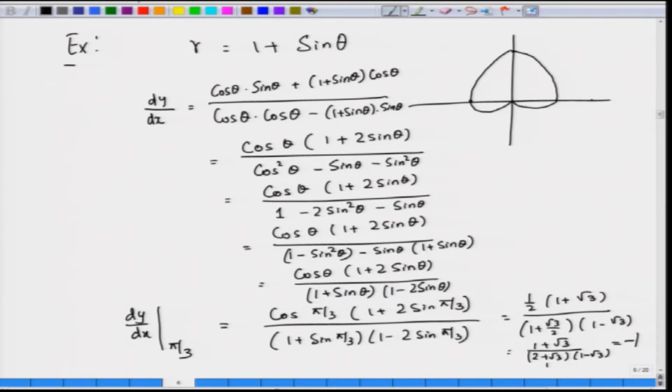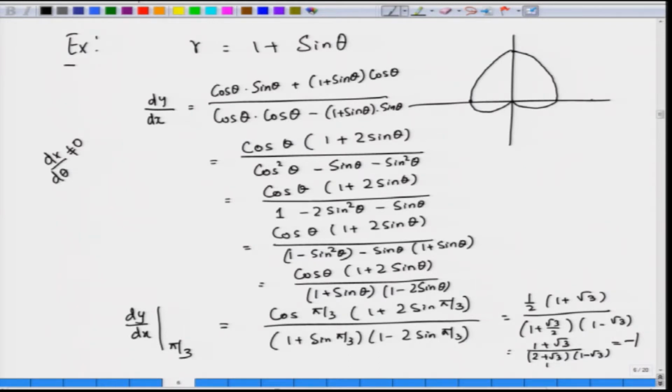Here we have not worried about whether the denominator is 0 and so forth. So this is a very formal calculation. Whenever this expression is valid, that is when dx by d theta is not equal to 0, only then can we do this computation.